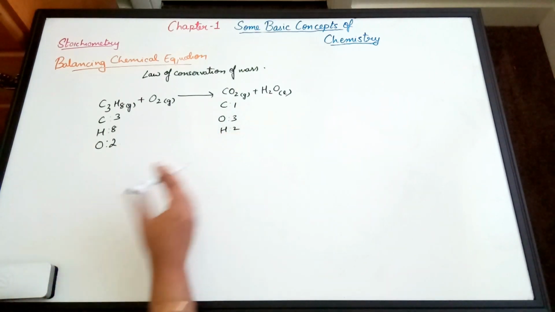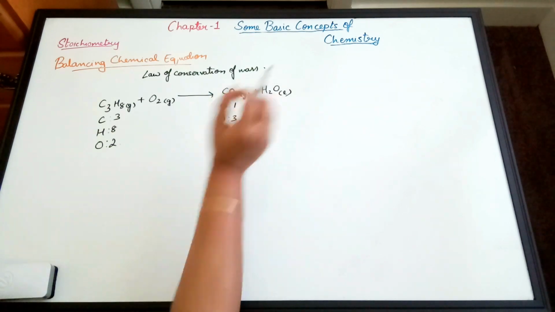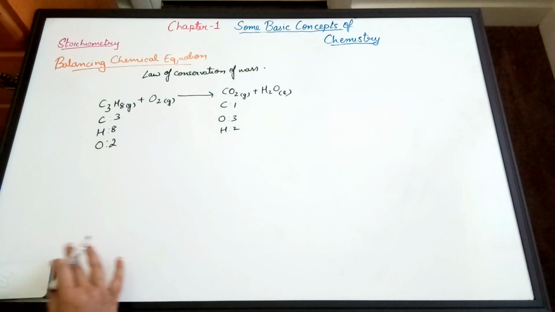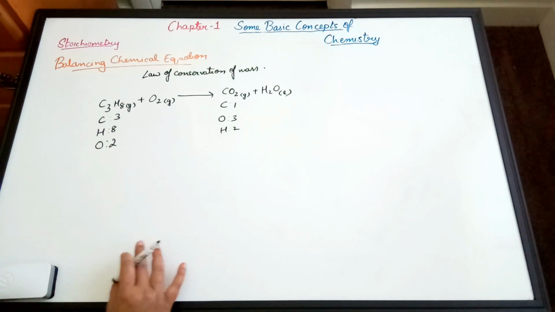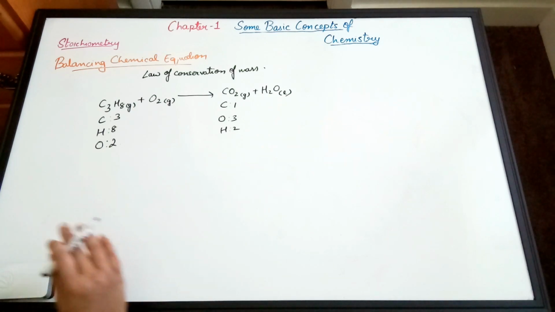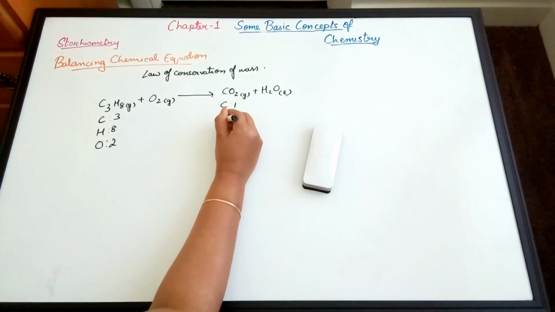Now notice your oxygen, there are two compounds which have oxygen in it. Now this will mean that it might lead to a certain amount of confusion when you balance a chemical equation, which is exactly why we do it in the end. So let's start with carbon.